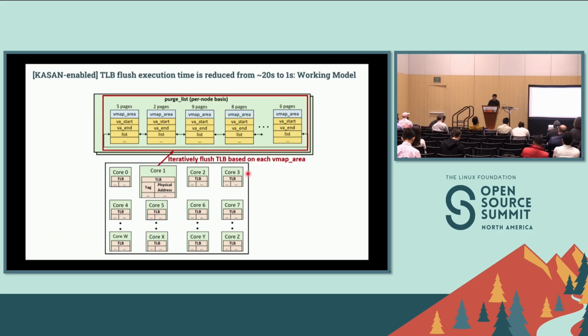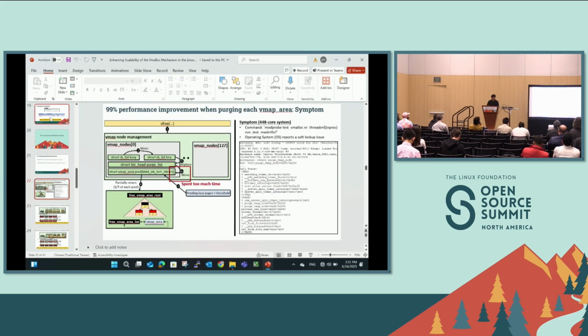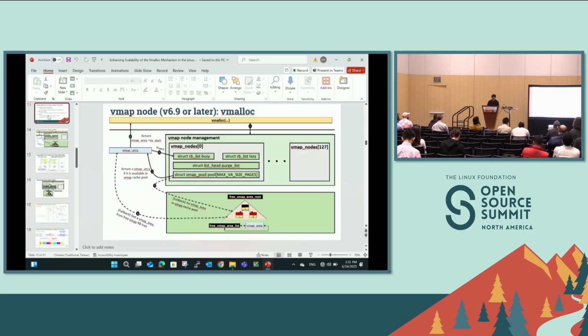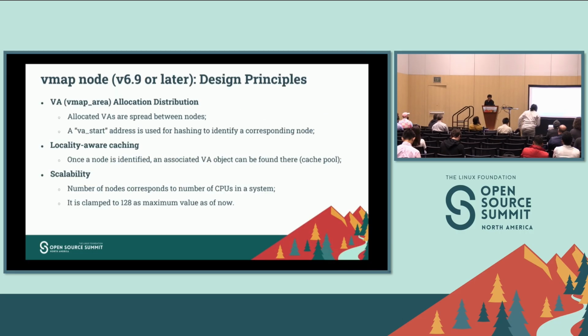Let me check here. Okay, if your kernel version is 6.8, it will use the legacy approach. But if your kernel is 6.9 or later, it will use the enhancement, which is the vmap node implementation. So it does not automatically switch between the legacy approach and the new enhancement approach.